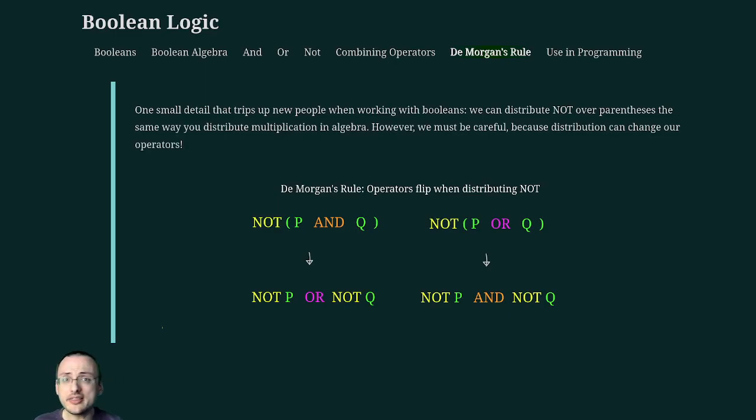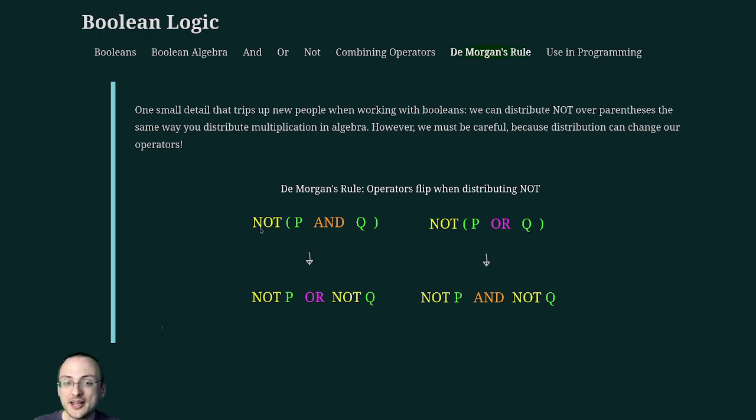So that is one thing to keep in mind when you start writing programs that use Boolean operators. If you're manipulating things around, saying, oh, well, I have functions that give me the opposite of what I need, or you see a bunch of nots and you're trying to draw them out, this actually works in both directions. You can factor out the same way we could pull out common factors in math, pull that not to the front.